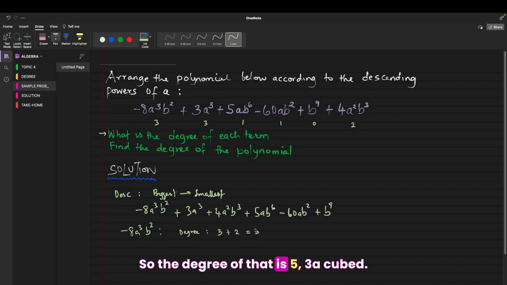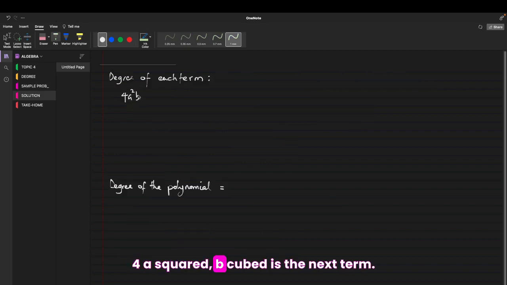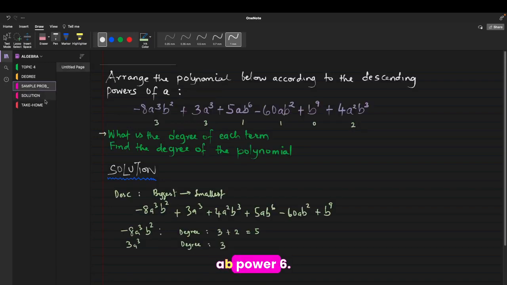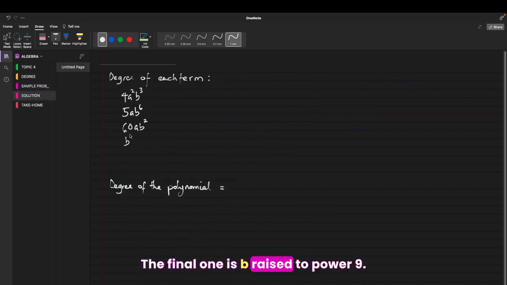So the degree of that is 5. 3a cubed. The degree of this one is 3. For this one, 4a squared b cubed is the next term. 5ab to the power 6. 60ab squared. And the final one is b raised to the power 9.